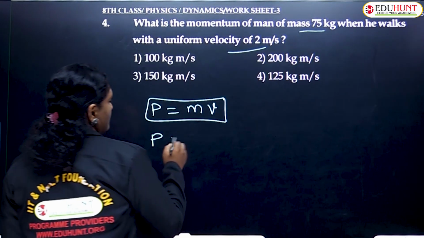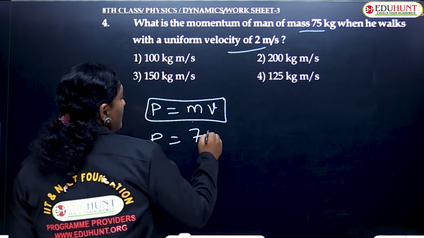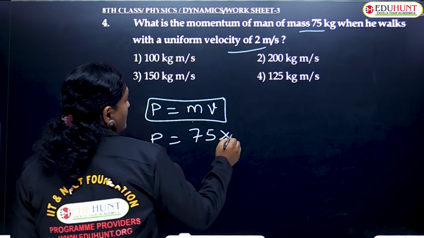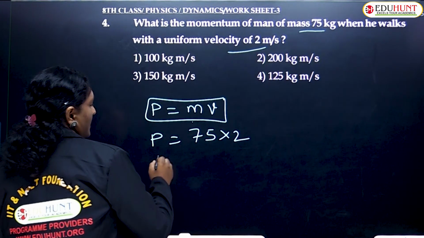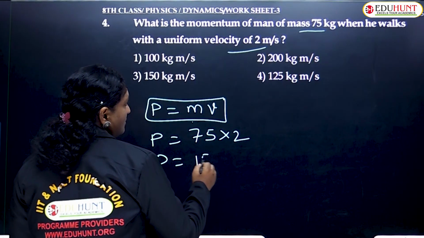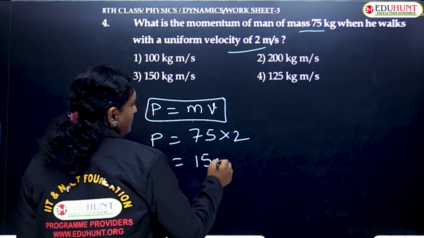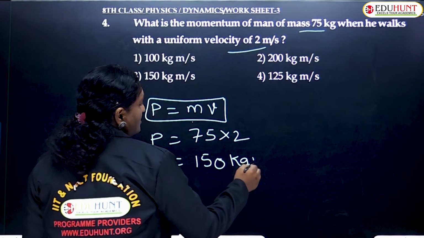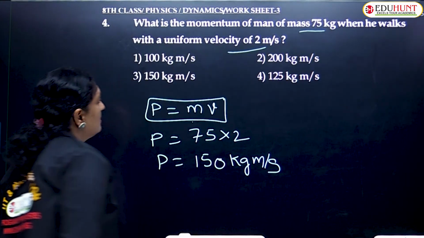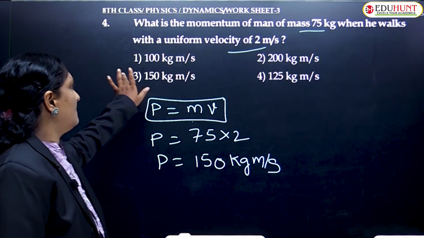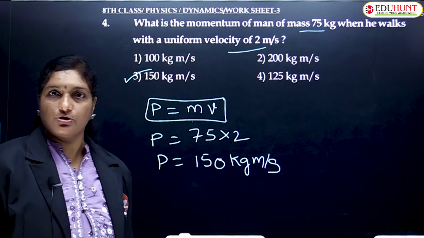So P, you are asked to find; mass given is 75 kg, and velocity given is 2 meter per second. Hence the momentum equals 75 into 2, which is 150. What is the unit of momentum in SI? Kg meter per second. So 150 kg meter per second. Third option must be true.